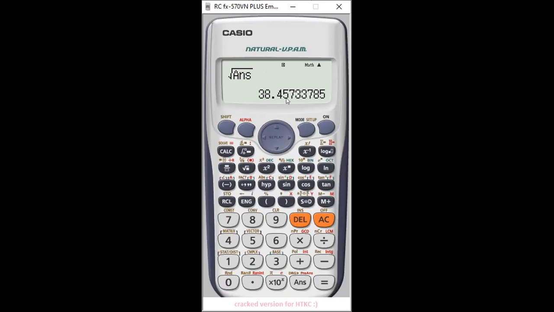Yan, ito dapat yung value natin. Yung nakalagay natin sa PowerPoint is hanggang 7 lang. So, try natin ito yung i-multiply natin ng 1.95. Okay? Yan. So, ito dapat yung exact value natin. Ito yung store natin doon sa letter A natin. Okay?